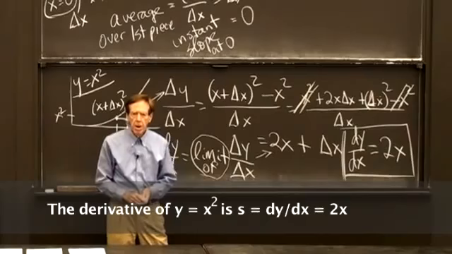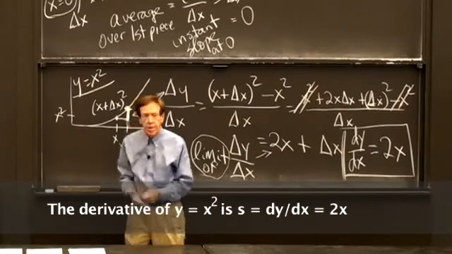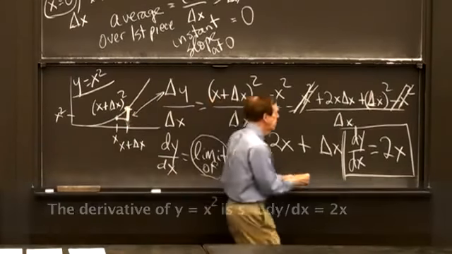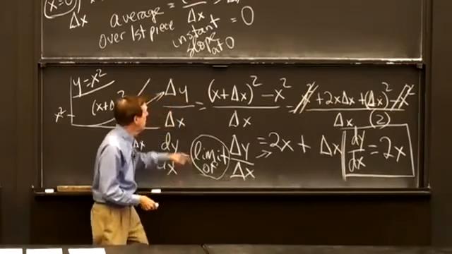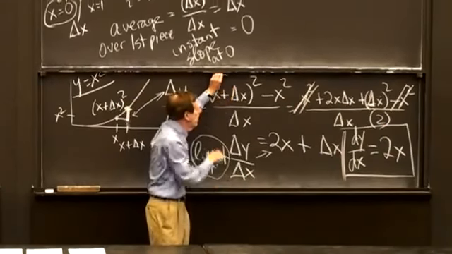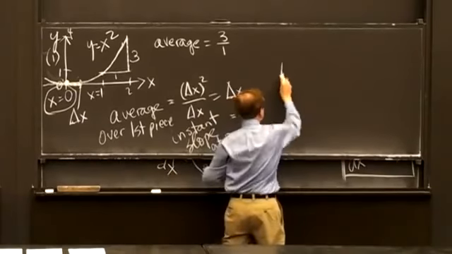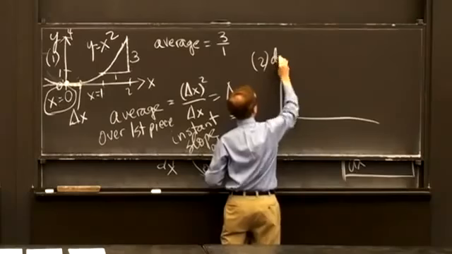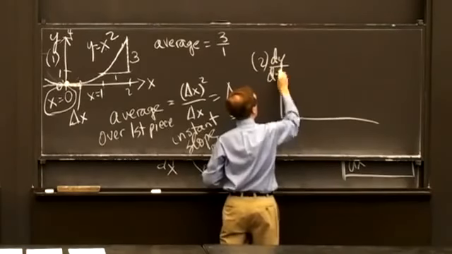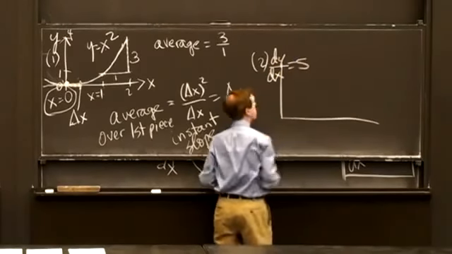Okay. So that's function 2. That's the slope function. That's the speed function. Maybe I should draw it. Can I draw it above, and then I'll put the board back up? So here's a picture of function 2. The derivative, or the slope, which I was calling s.